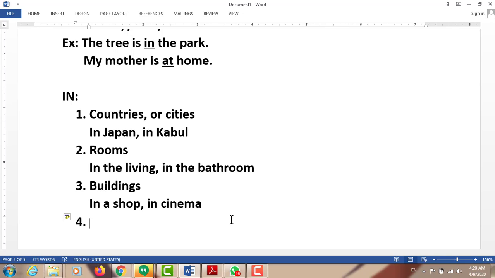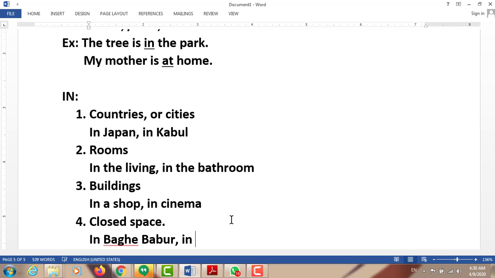Number 4, you also use it in enclosed spaces. Closed spaces means the area that is closed. For example, a park. You say in Babur's Garden, because it's a closed place. It's a garden.